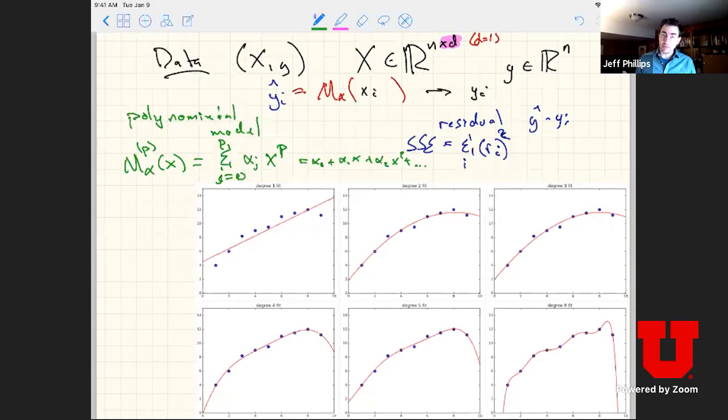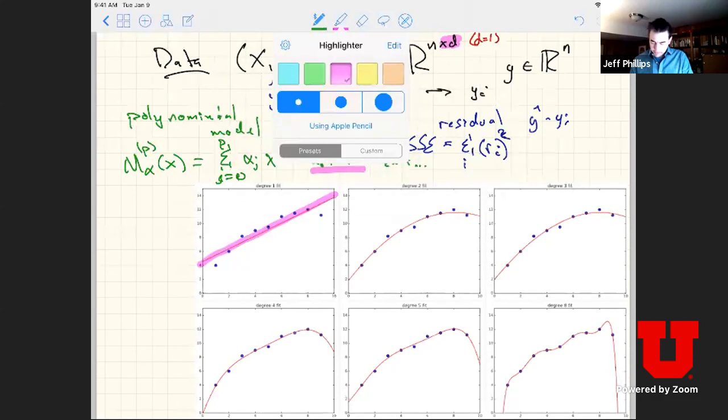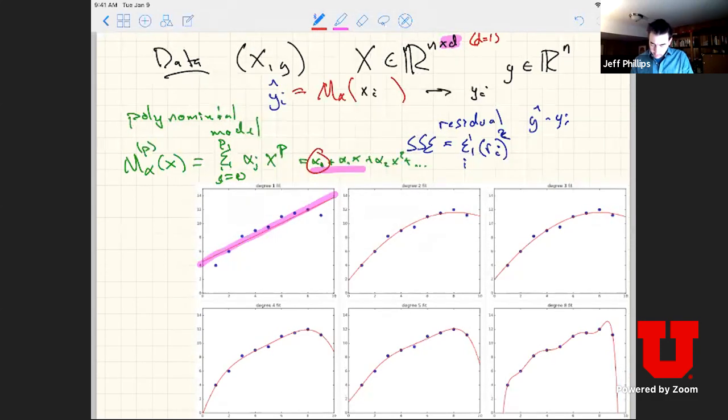And then I showed you in Python with NumPy how we can calculate these fits, and we got these pictures I've shown here at the bottom, where this first one is the linear model, and that's only the first 2 terms. Alpha 0 was the offset, and then there's some slope of the line.